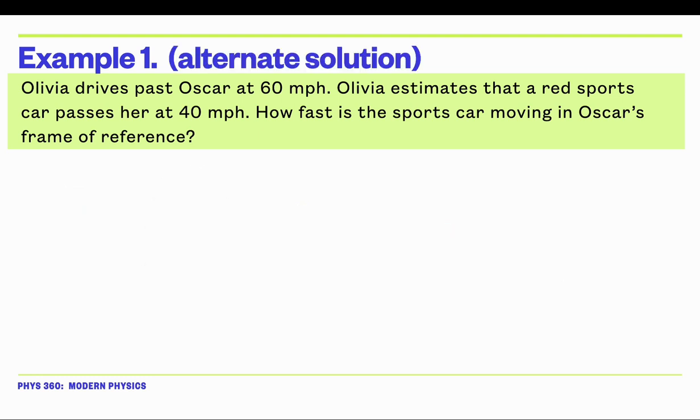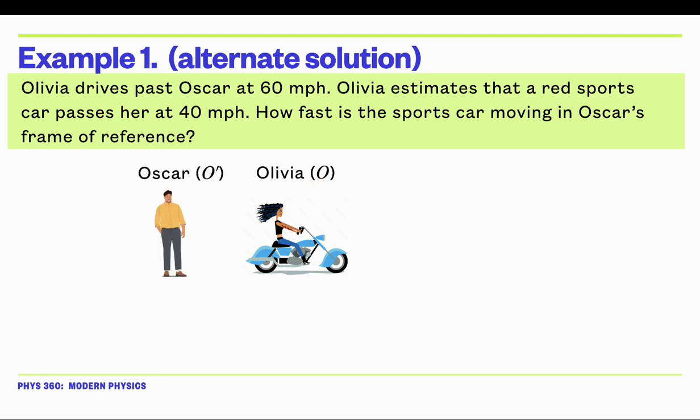So let's do that. Let's let Olivia be the unprimed frame now, and Oscar is going to be the primed frame, so we've switched them. Let's see how that changes the setup of the equations. Again, the information we were given in the problem was from Oscar's perspective.